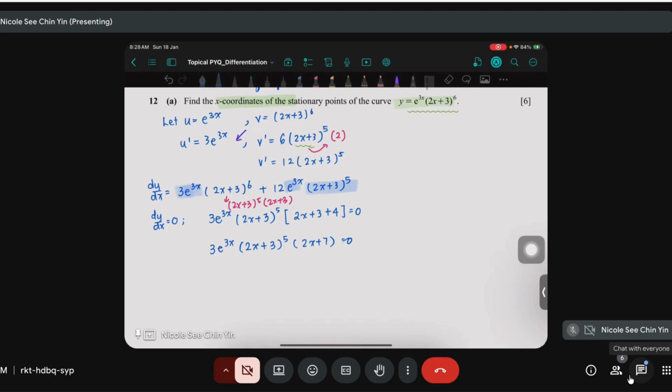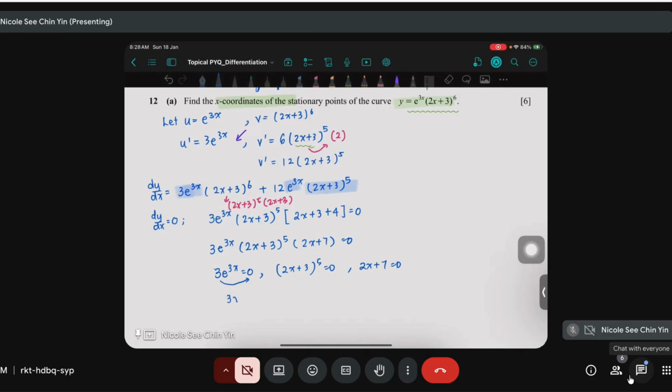So to continue to work it out, I will let my 3e^(3x) equals 0, (2x plus 3) to the power 5 equals 0, and 2x plus 7 equals 0. So this part, when you work it out, right, your 3 multiplied with 0 definitely gets 0.